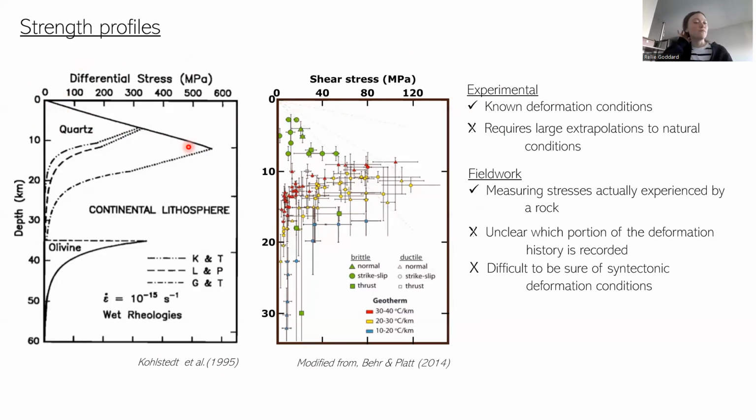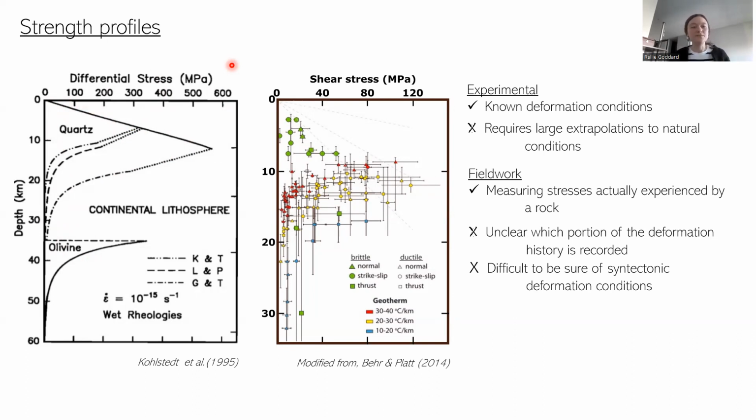But by deforming a bunch of materials that are meant to be representative of the continental crust, so quartz, and representative of the mantle, so olivine, we get these strength depth profiles throughout the ductile portion of the crust as well. So you can see that these are getting up to differential stresses that are quite high, 500 MPa, which is potentially quite unrealistic for the strength of the lower crust in nature.